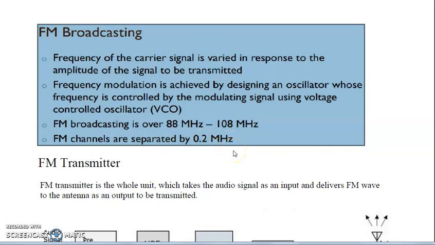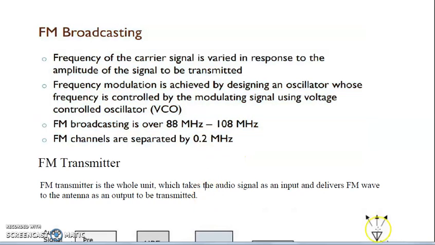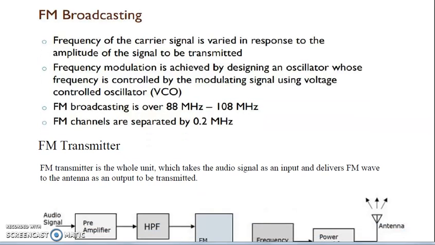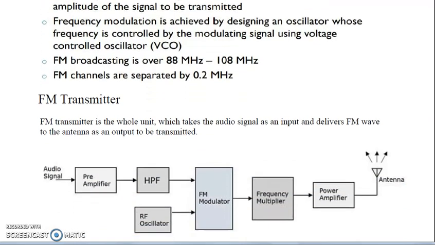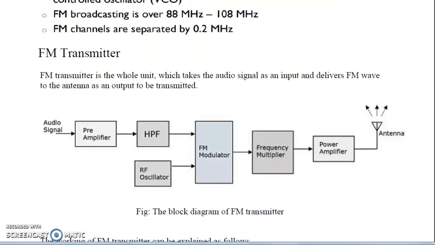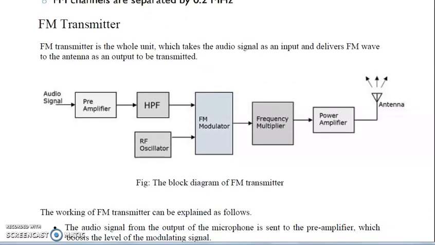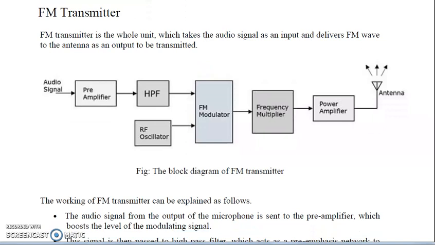Let us watch what is FM transmitter. FM transmitter is the whole unit which takes the audio signal as an input and delivers the FM wave to the antenna as an output to be transmitted.